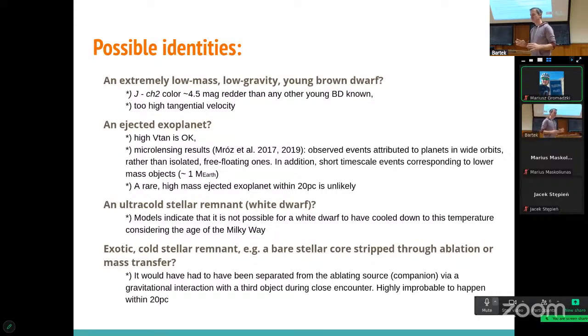If I'm wrong, you can of course correct me, but I think the unbound planets that are found from microlensing statistics are found not to be so massive, not having tens of Jupiter masses. They are rather smaller objects.